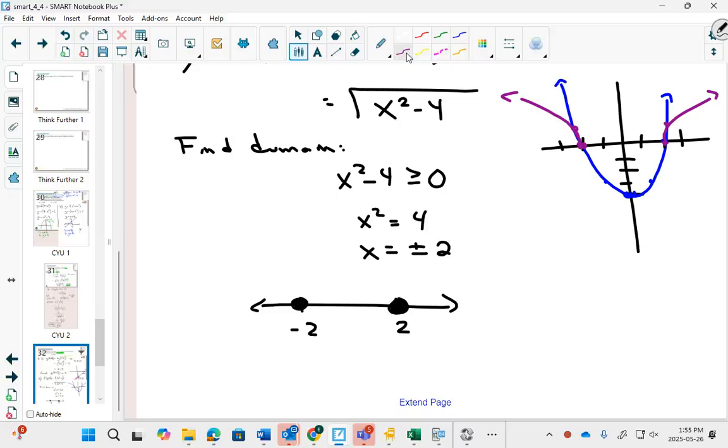Is -4 bigger than or equal to 0? No, that is false. If you plugged in any number bigger than 2, you could choose 3, 4, 5, yes, that's true. What about -3, -4, -5? That's true. So our solution for our domain is x is less than or equal to -2, or x is bigger than or equal to 2. Which you could see from our purple graph as well. But if it didn't ask you to graph it, you could solve it this way.